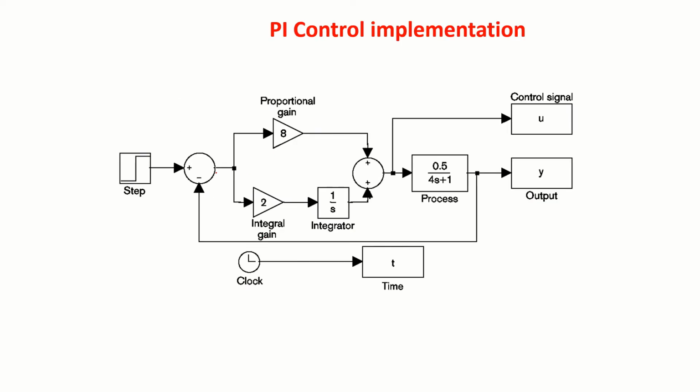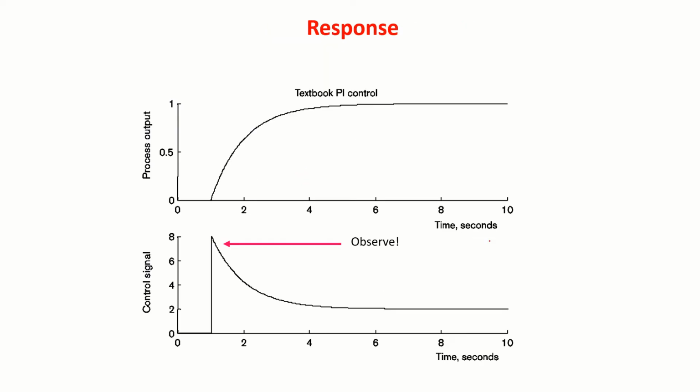Simply here I have drawn the Simulink diagram for a PI controller. This is the process, this is the proportional controller, this is the integral controller. Here this is the control signal and this is the process output signal.